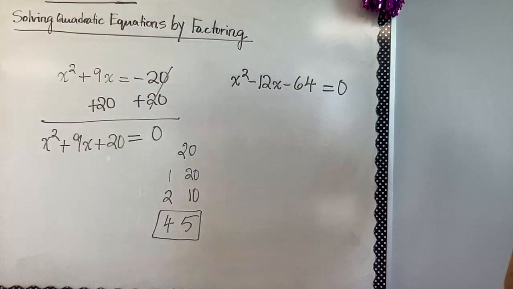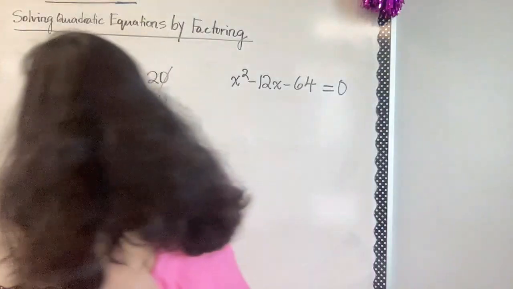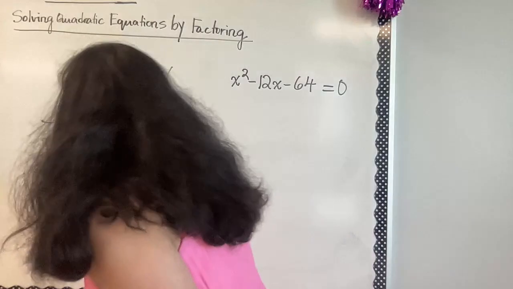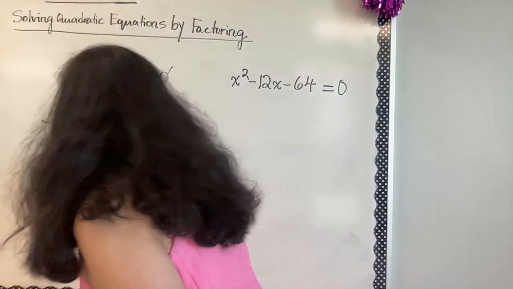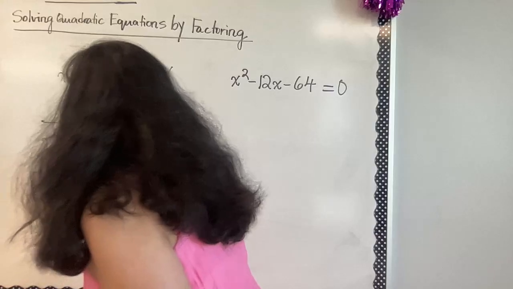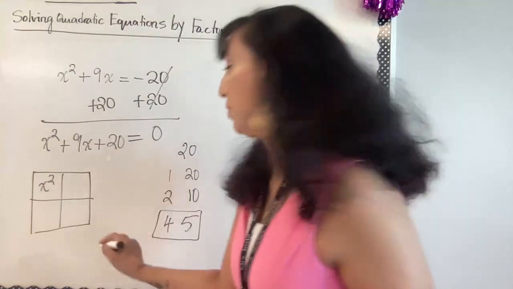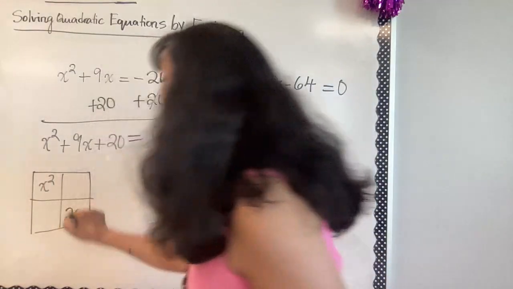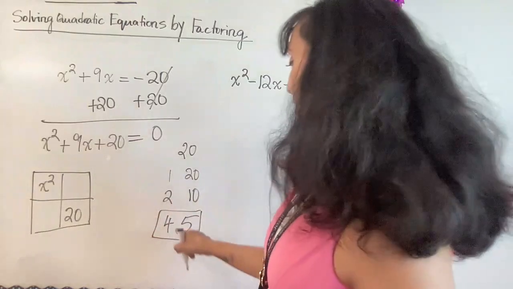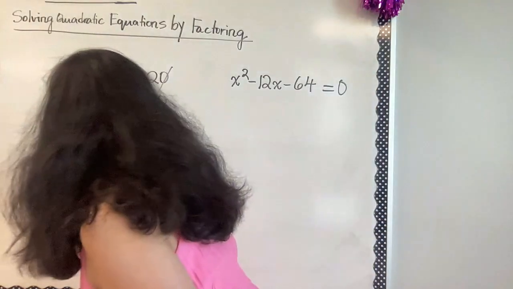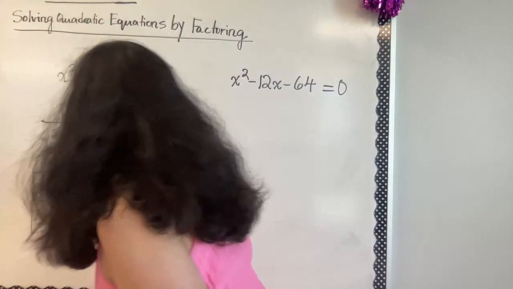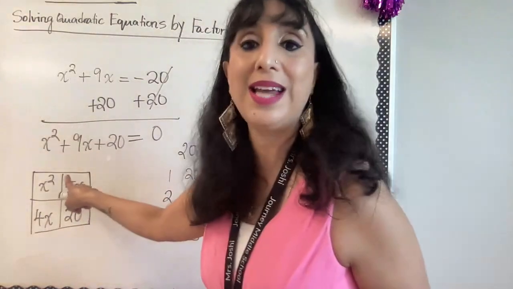When I put this into my area method, remember, the first number goes on the extreme left, on the top left. My last number goes to the bottom right, and then I can take these factors and put 4x and 5x, because is 4x plus 5x 9x?